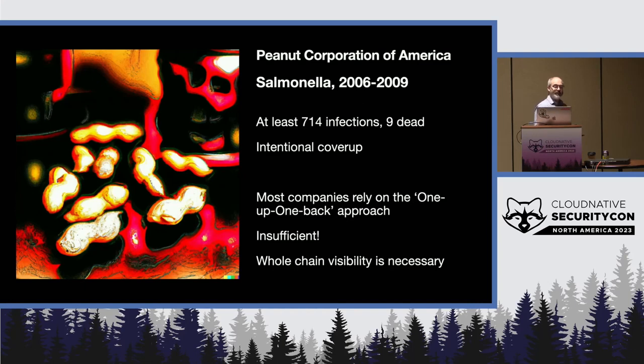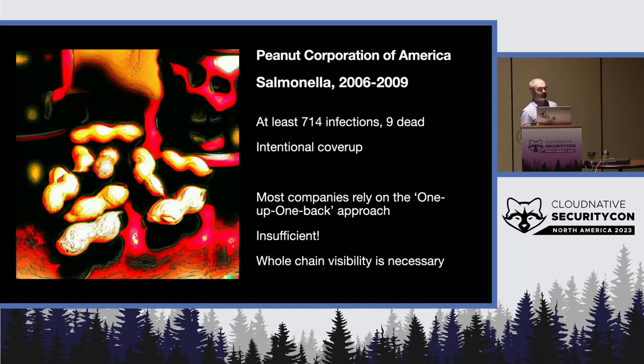During this process, some companies were notified that they had contaminated peanuts, but there was a lack of full visibility for the entire chain of supply, not only because of the intentional tampering in the reporting of the contamination, but also because most companies rely on what is called a one-up, one-back approach. Companies only know their direct supplier, where they got the peanuts, and their direct customer.